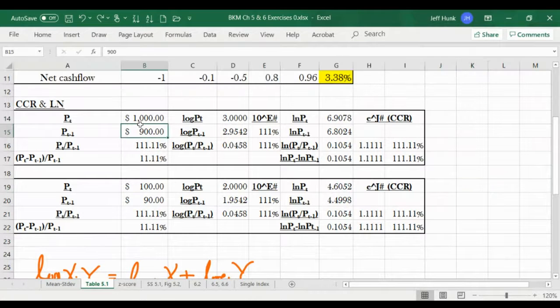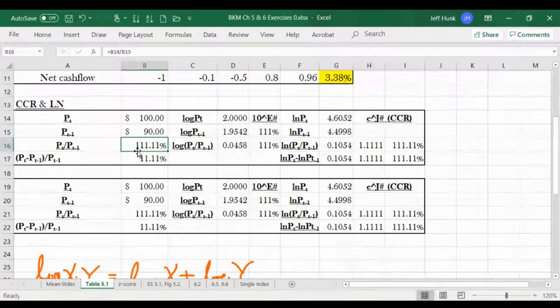It will be the same result anyway. So you had a $90 stock at time t minus 1, and at time t, it went up to $100.